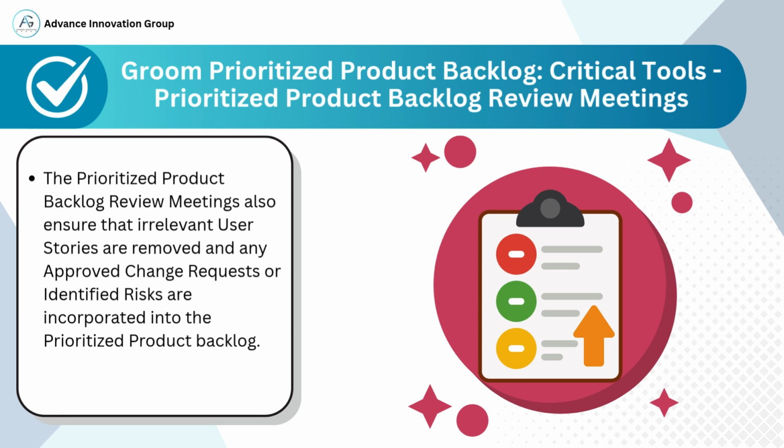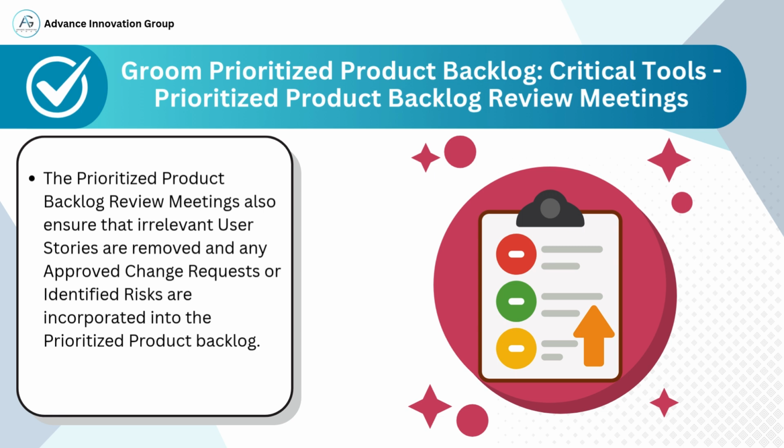First, they identify and remove irrelevant or obsolete user stories, items that no longer provide value or are no longer required. Second, they incorporate any approved change requests, ensuring that new customer requirements or decisions are properly reflected in the backlog. Third, they consider newly identified risks and evaluate whether these risks affect the priority or feasibility of existing user stories.